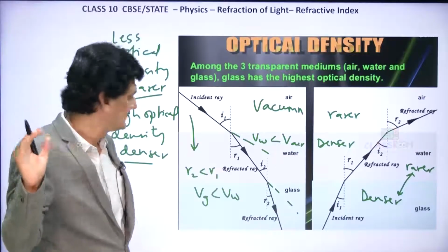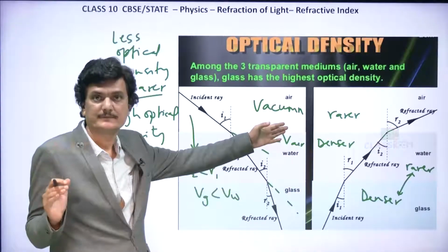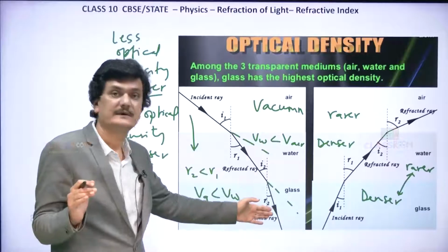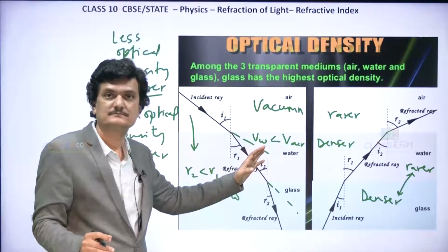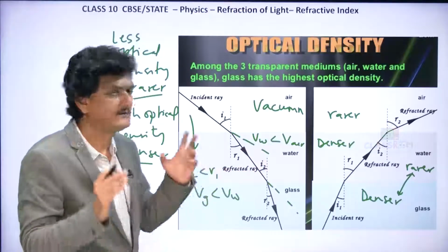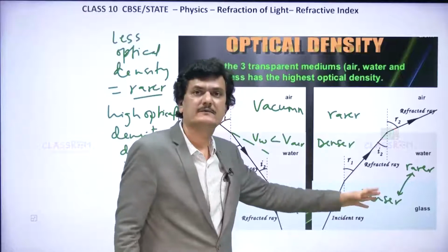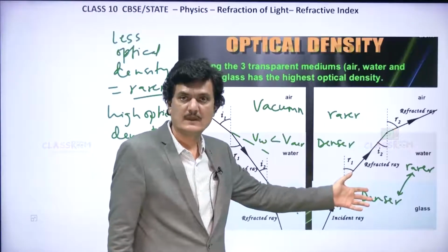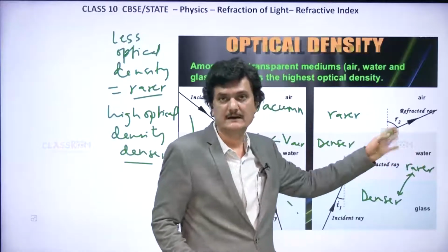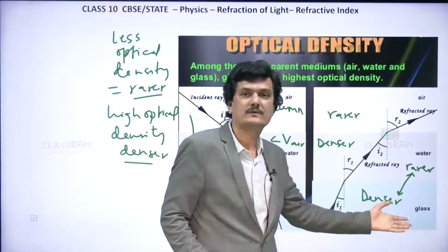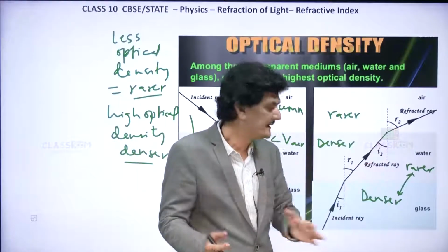Now glass is denser than water with respect to vacuum, so the optical density or refractive index of glass will be much more than water. In this way there are two ways to compare media. When comparing two media with each other there is no limit. You can replace water or glass by any other transparent medium, and that comparison will be different from the comparison between glass and water.